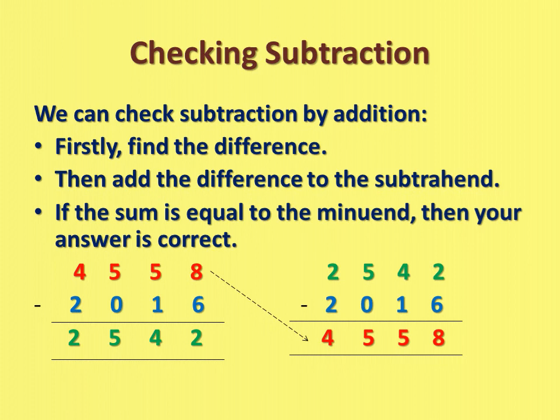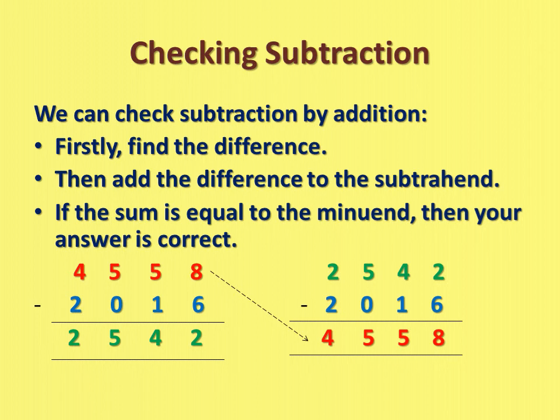Now, to check a subtraction, just as we do in case of addition, we will follow three steps. We know in our number 4558 minus 2016, which gives us the difference 2542. We know what is minuend, what is subtrahend, and what is difference. So our first step is first find the difference. Second step is add the difference to the subtrahend. Now if the sum comes equal to the minuend, then your answer is correct.